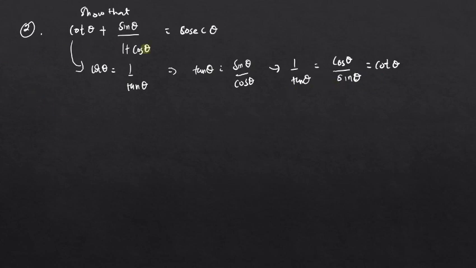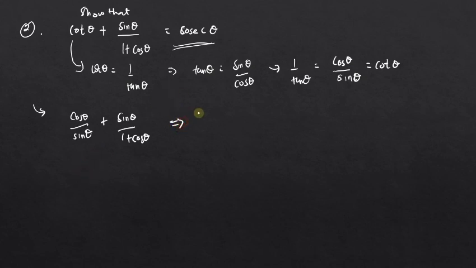So in short, all this is trying to tell you that cot theta is the same as cos theta over sin theta, the inverse of tan. So we can now write our whole expression as cos theta over sin theta plus sin theta over 1 plus cos theta.